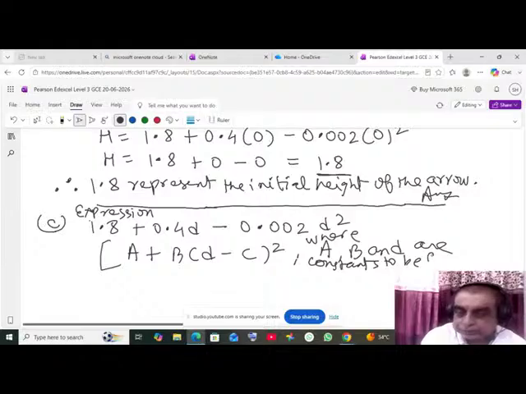You have to find the values of a, b, and c by changing this expression into this form. Now we are doing it.